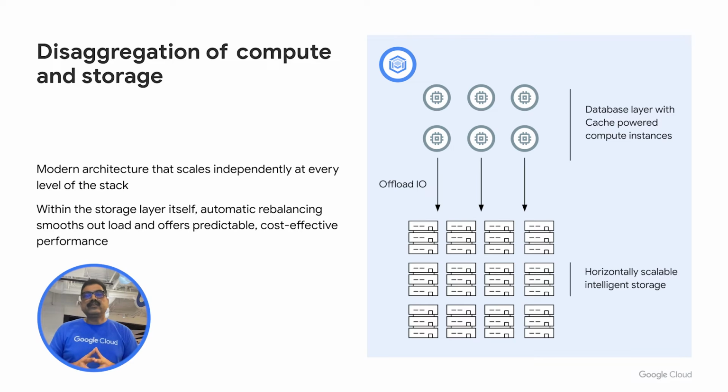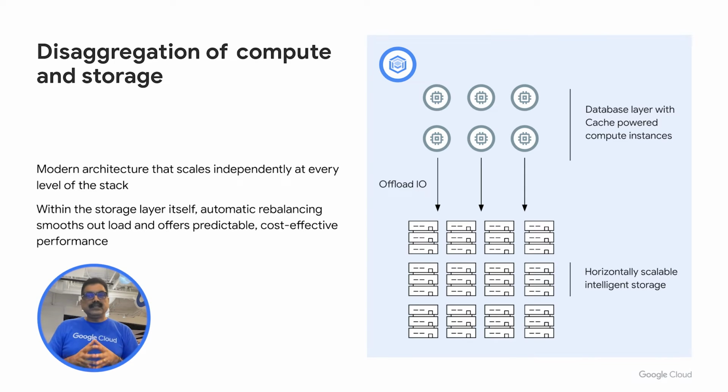A key concept of AlloyDB is disaggregation of compute and storage. This concept was previously available only on expensive proprietary databases. The storage is separated from the compute node and has its own intelligent software designed to improve database performance and reliability.